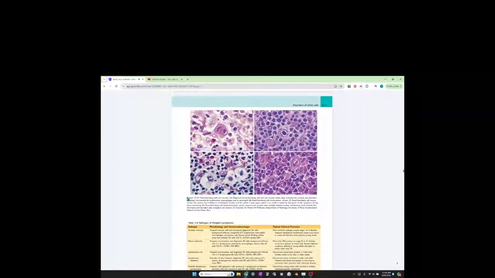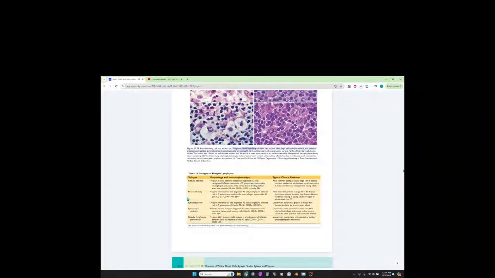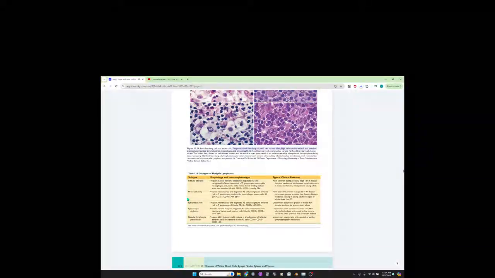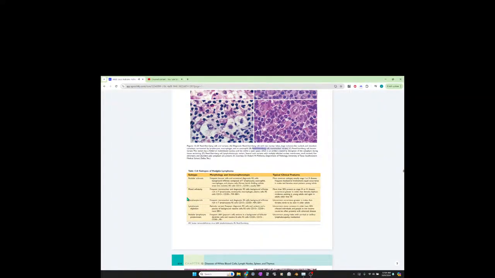Figure 13.2 A, B, C, D. Reed-Sternberg cells and variants. Diagnostic Reed-Sternberg cell with 2 nuclear lobes, large inclusion-like nucleoli, and abundant cytoplasm surrounded by lymphocytes, macrophages, and an eosinophil. Reed-Sternberg cell, mononuclear variant.